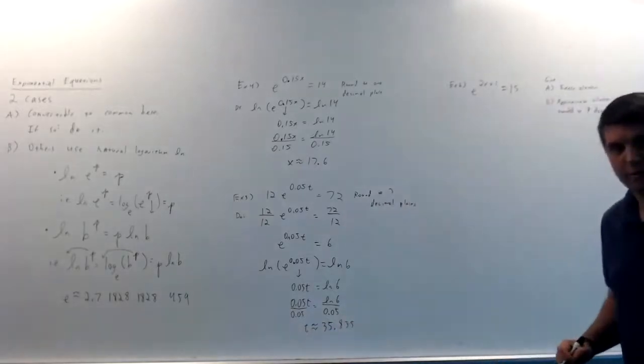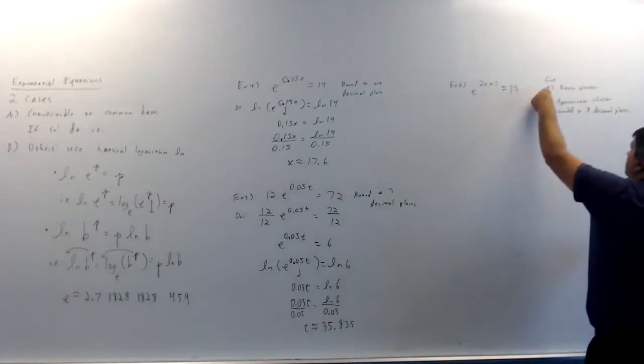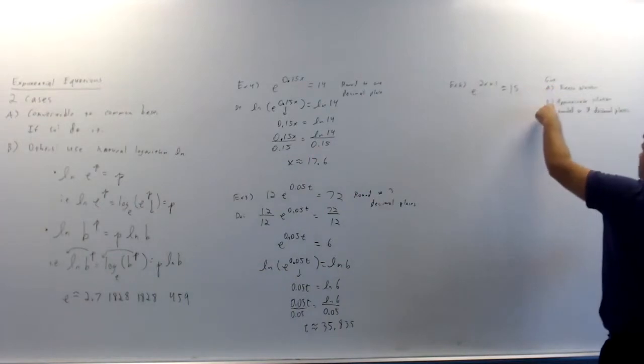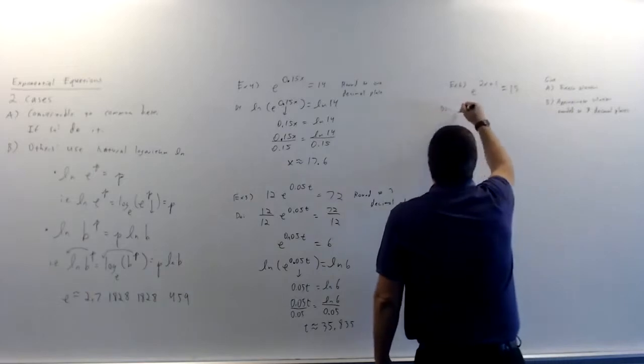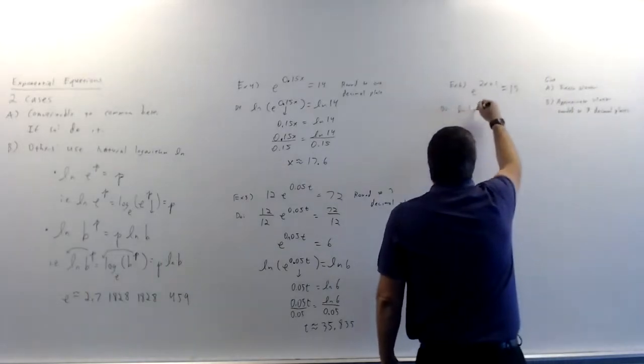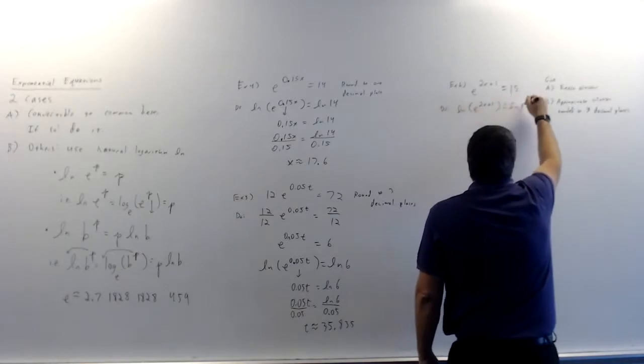Okay, this next one. This time I want an exact solution and an approximate solution rounded to 3 decimal places. So do natural log of e to the 2x plus 1 equals the natural log of 15.